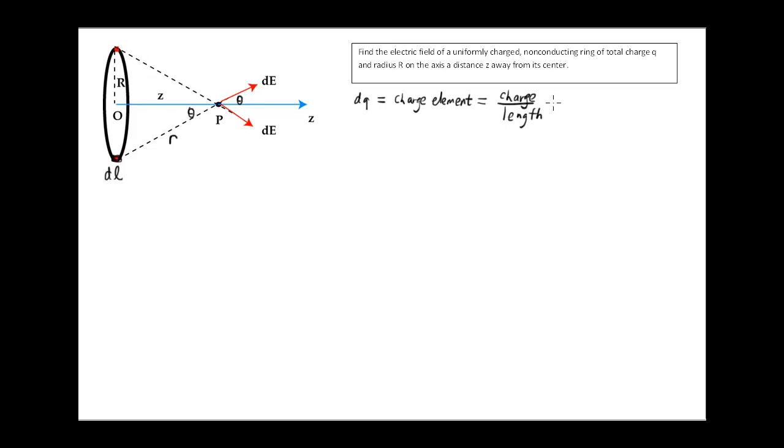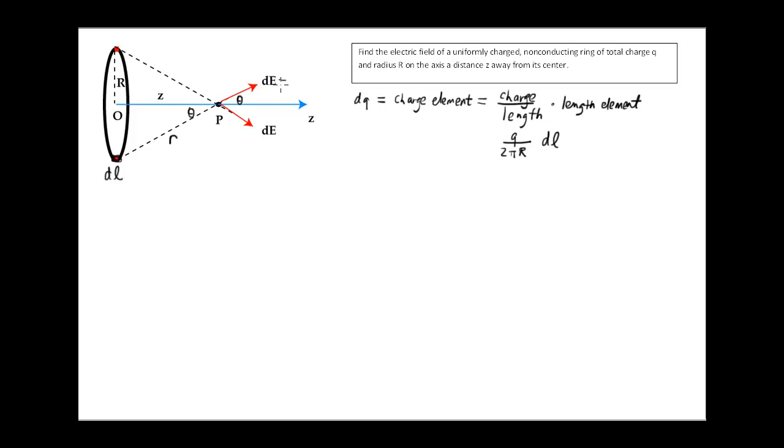So we're going to take that quantity and multiply it by the length element dl, and then we'll have an expression for dq when we have to put that into the integral. So charge per unit length is Q over the circumference 2 pi R, and the length element is dl. So we have a simple relationship for dq when we need to use it.